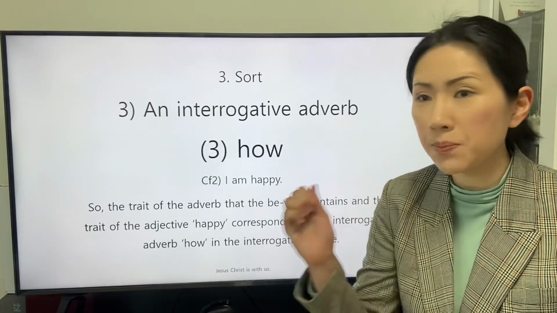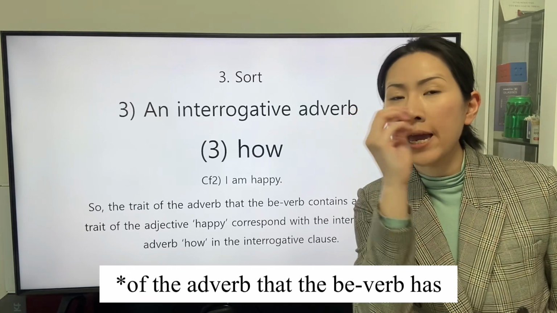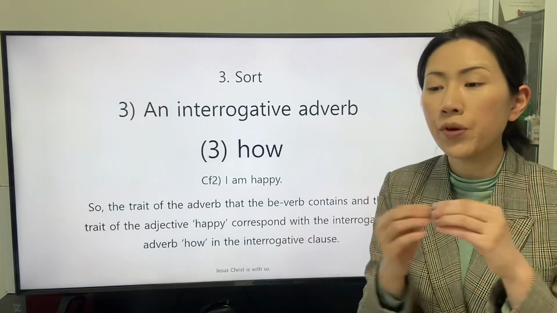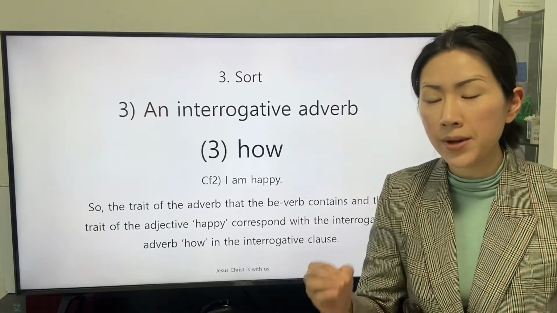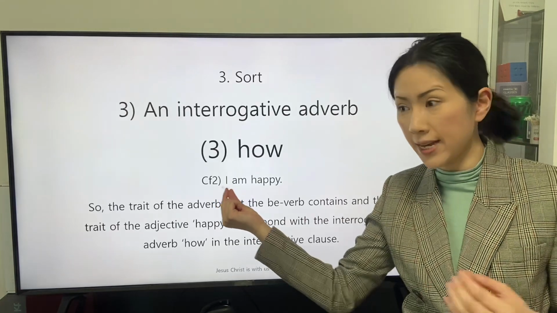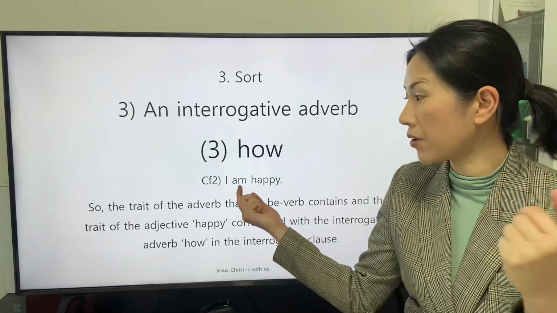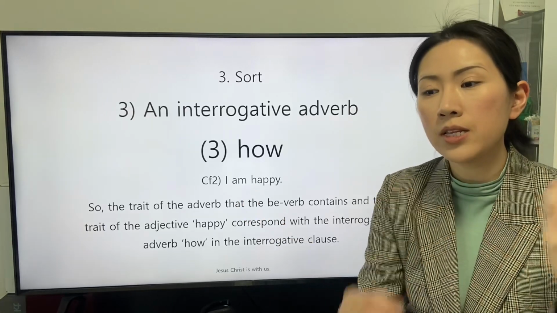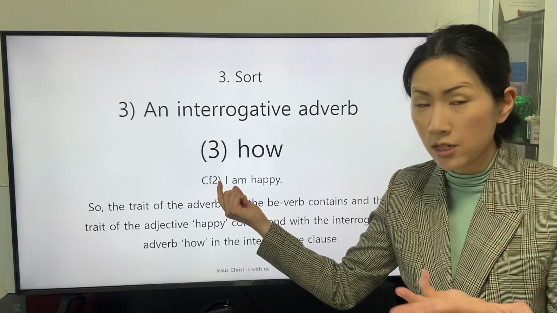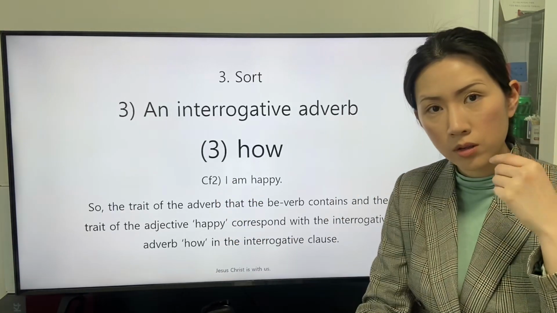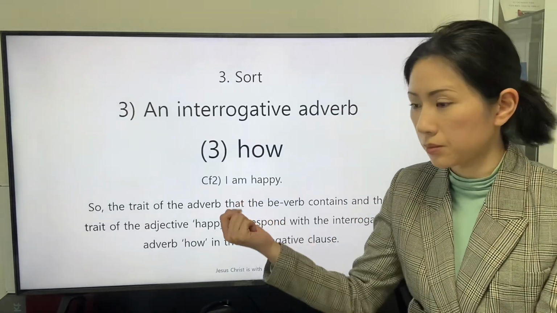How corresponds with the trait to reveal the condition of the subject on the premise that the speaker as the subject exists. The definition of the be verb is changed from describing the existence of the speaker as the subject to describing the condition of the speaker as the subject.